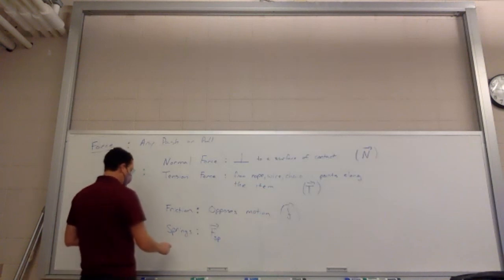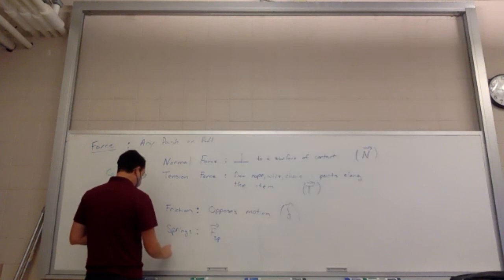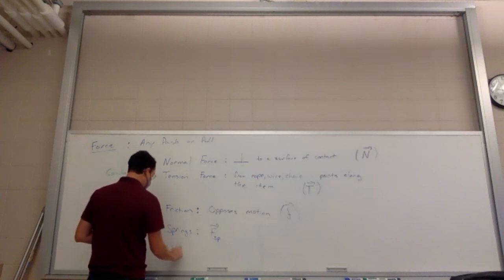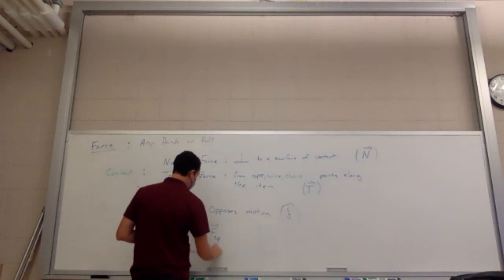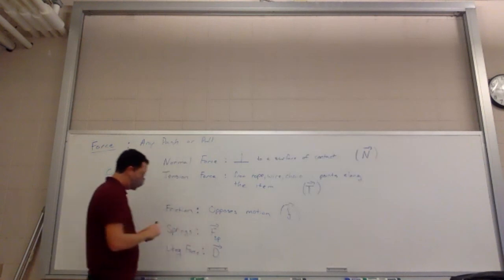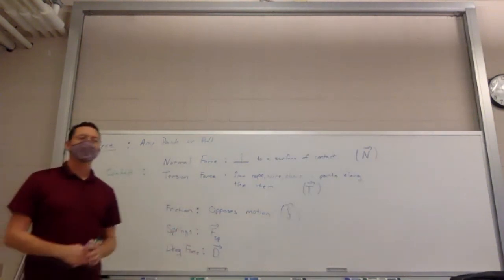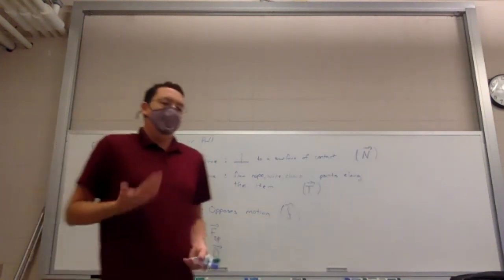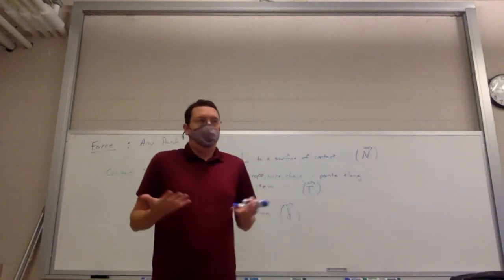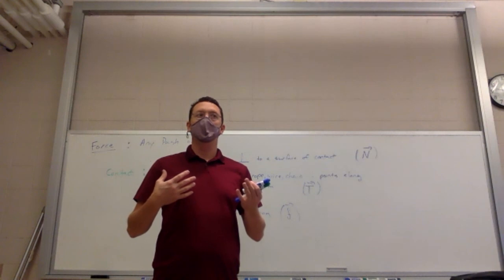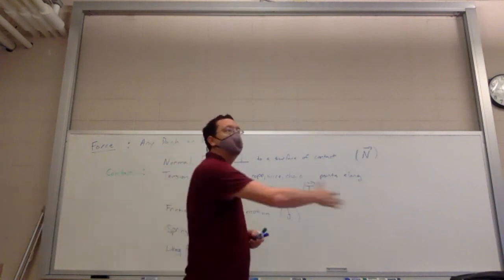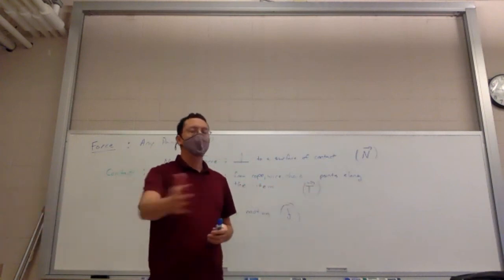Other, I guess maybe the final one that I can think of here is drag force. And I will just write that as D, the vector. Drag force, morally speaking, it's a type of friction. It's a friction between, like, drag, so that's like wind resistance when I'm moving around.